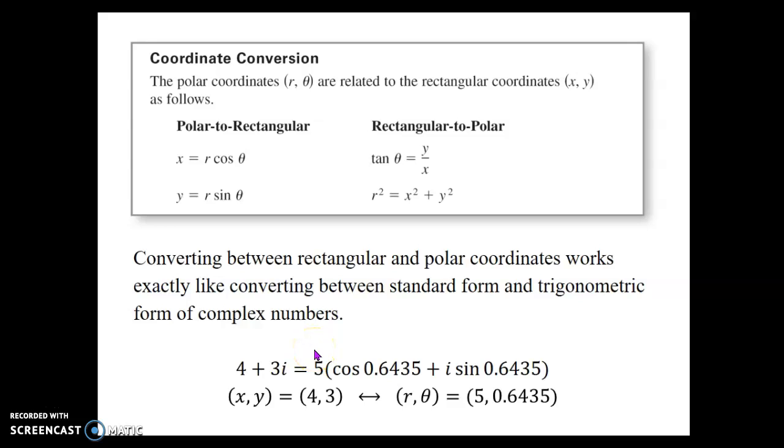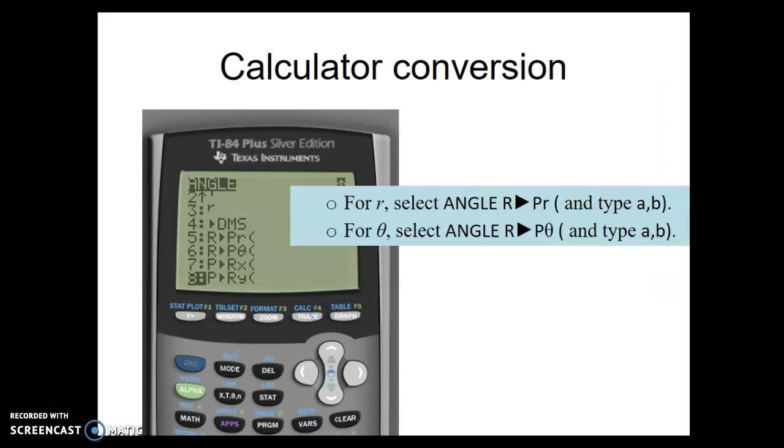So if you remember the calculator function from section 6.5, you can use that, or there's another calculator method that works. Different models of calculator have different ways of doing this, but on something like a TI-84, you can get to the angle menu by pushing second and then the button that says angle above it, and that gets you to a menu that looks like this.